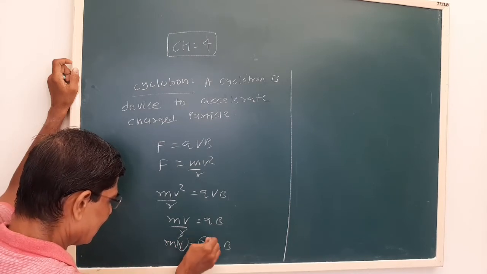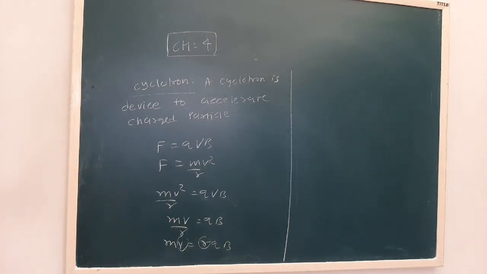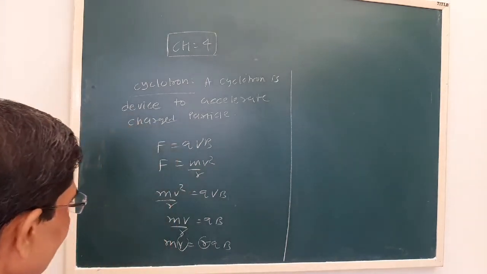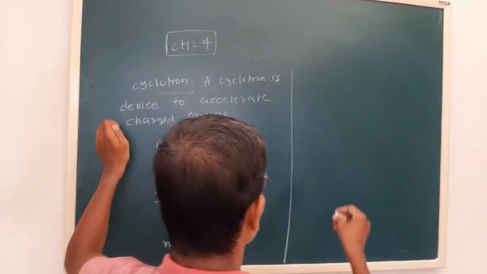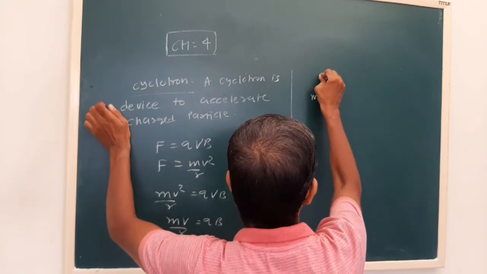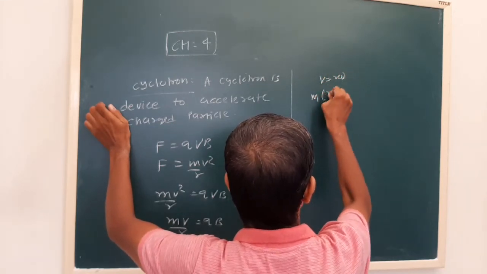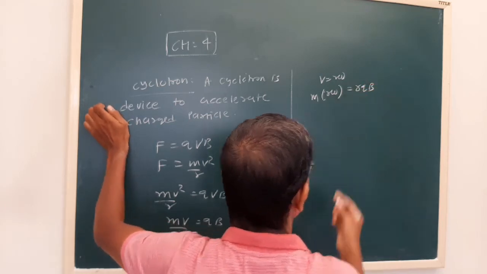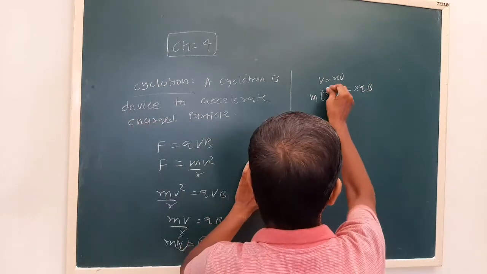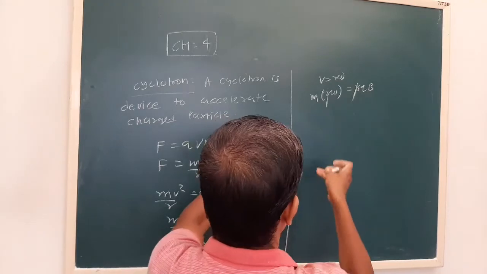We establish this relation, that is speed is proportional to radius. Now we also discussed that the frequency does not depend on the radius. Why? mv is equal to r omega times qB, so again r is cancelled.